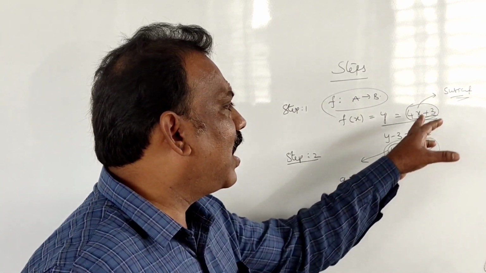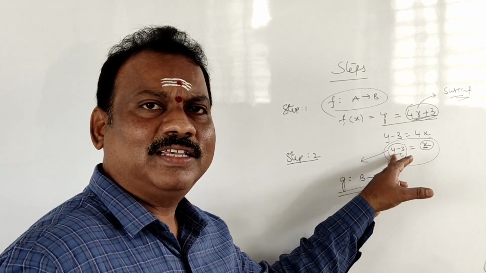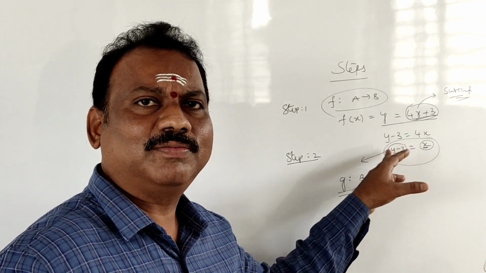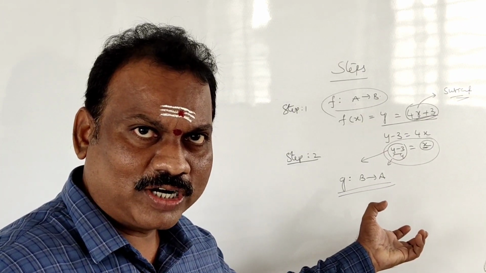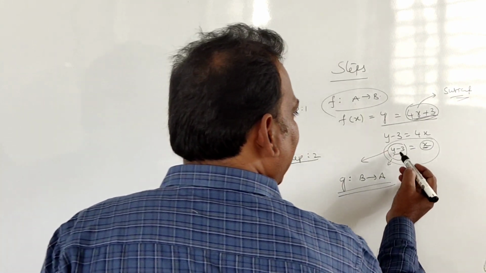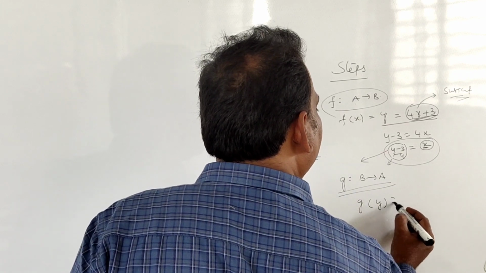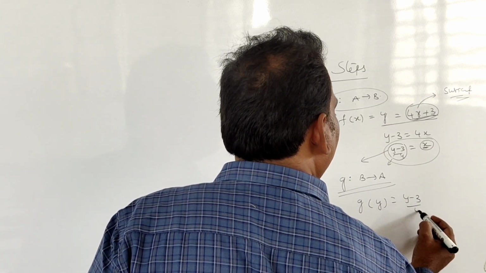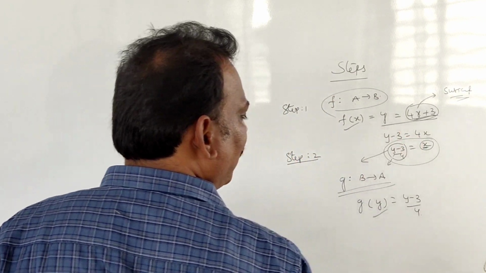You have to convert x as the subject in terms of y. This is g function. Understood, students? So now we have taken this value in terms of y. So g of y is equal to y minus 3 by 4. So now we got the f of x function, we got the g of y function.